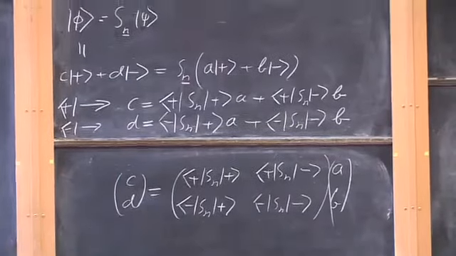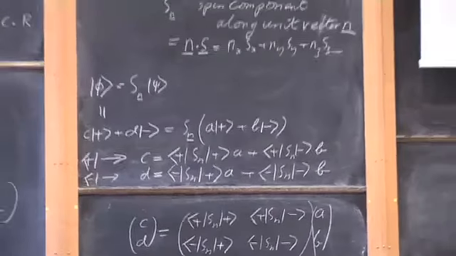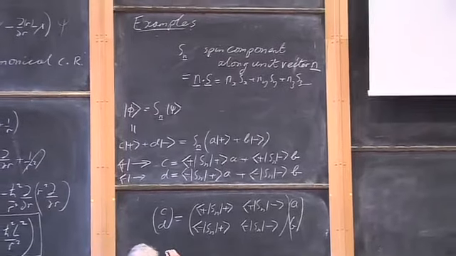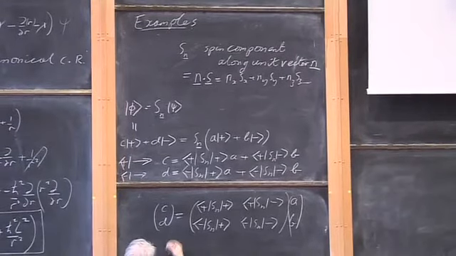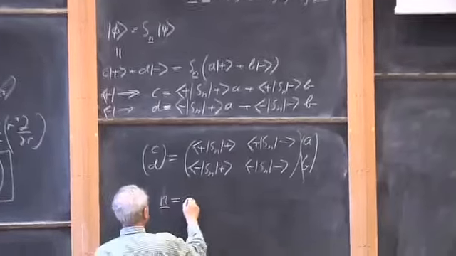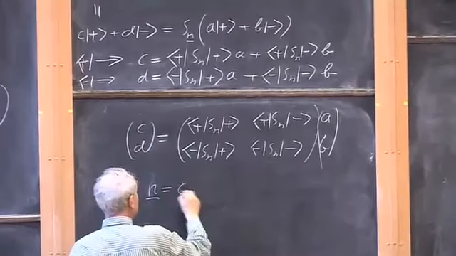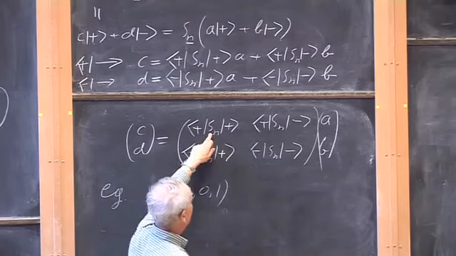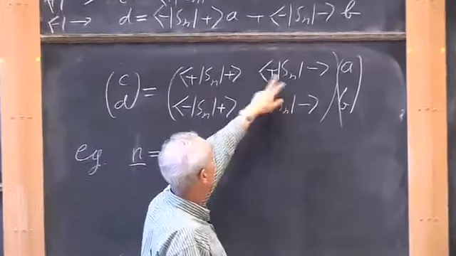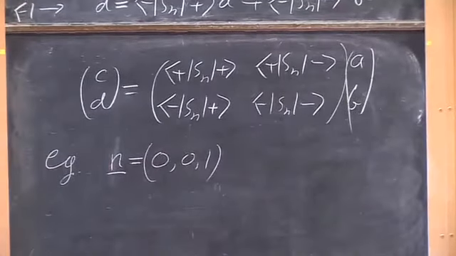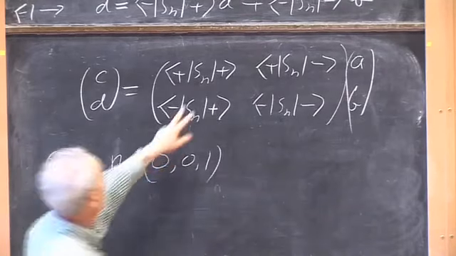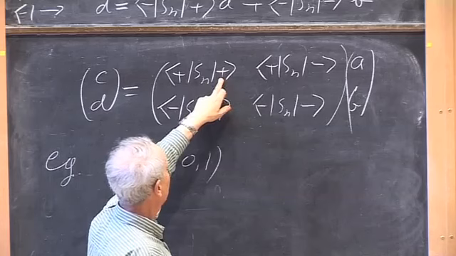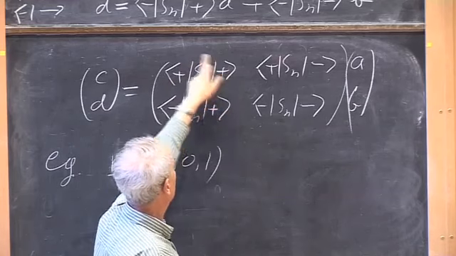So, for example, suppose we take n equal to nothing, nothing, 1. Then all these Sn's become Sz's. And then Sz on plus is a half of plus, so that this number evaluates to a half.